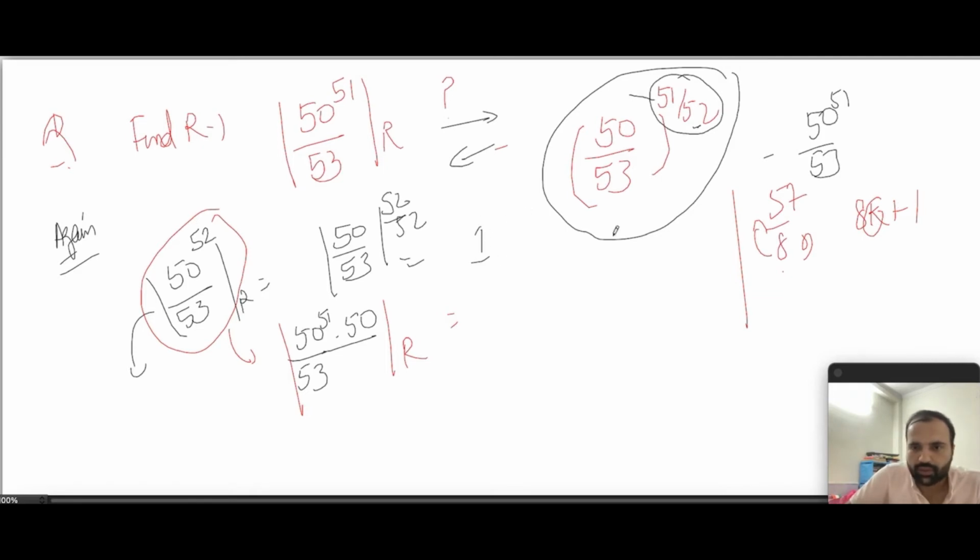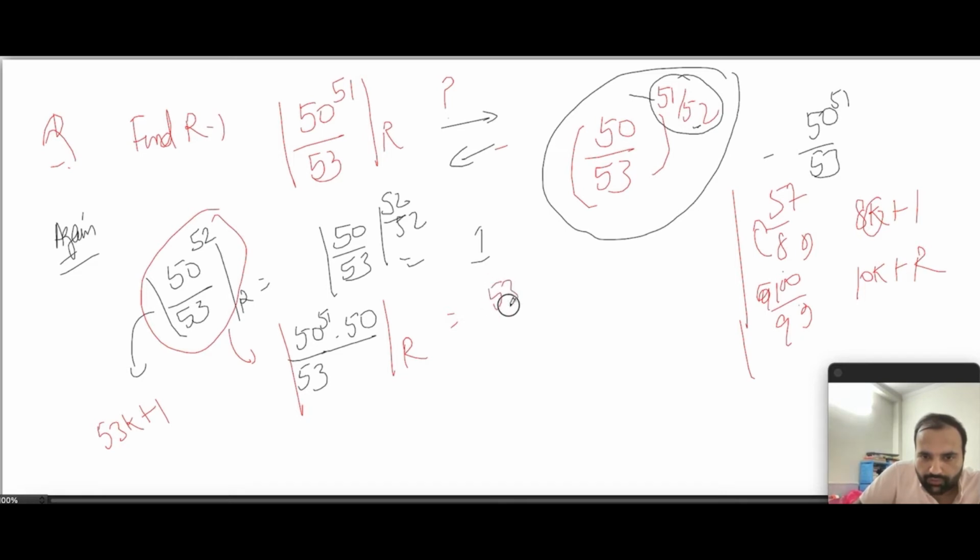Again, 100 by 9 should be in the form of 10k plus remainder, isn't it? So can we write this term in the form of 53k plus 1, because we have already seen the remainder of 53 is this one.